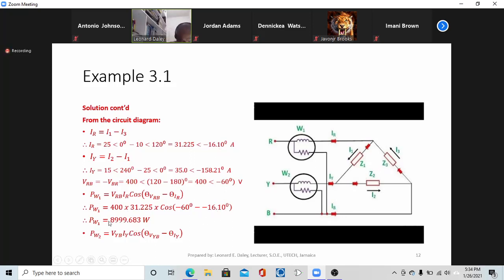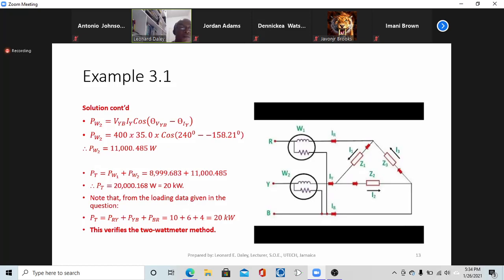So wattmeter 1 reads almost 9,000 watts. It would be 9,000 if we didn't have this rounding off here, so 9,000 approximately. Then we do the same kind of calculation for wattmeter 2. It's reading VYB times IY times the cosine of the phasor difference between those two phasors.